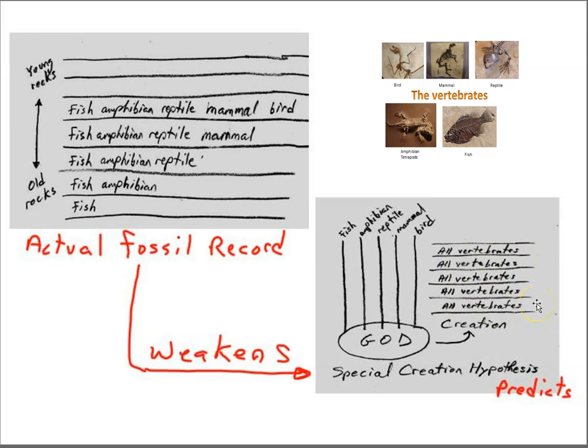They were all made at the same time in the past. And so we should find representative fossils in all of these rock layers of different ages. But we don't see that. We see this pattern over here. So this is an example of how the fossil record supports the idea of species change and weakens the Christian idea.